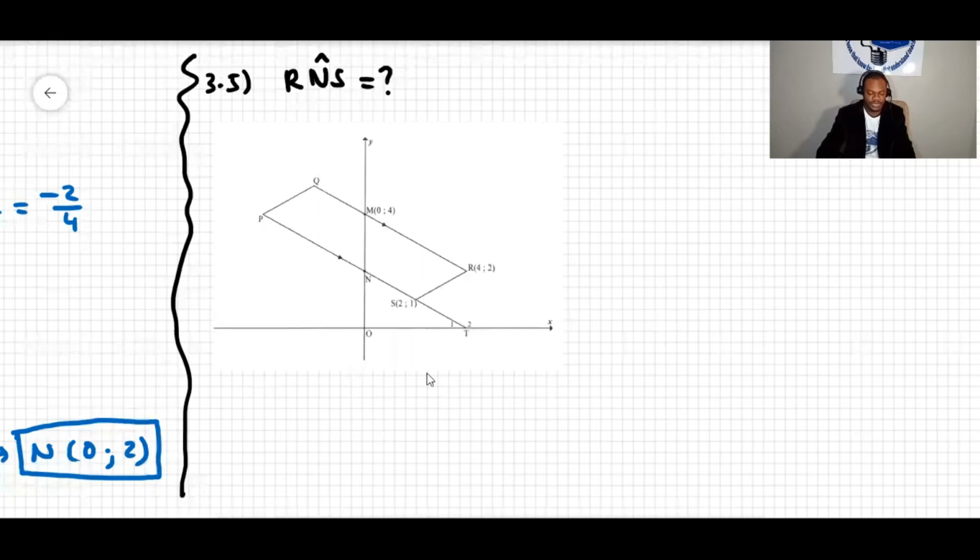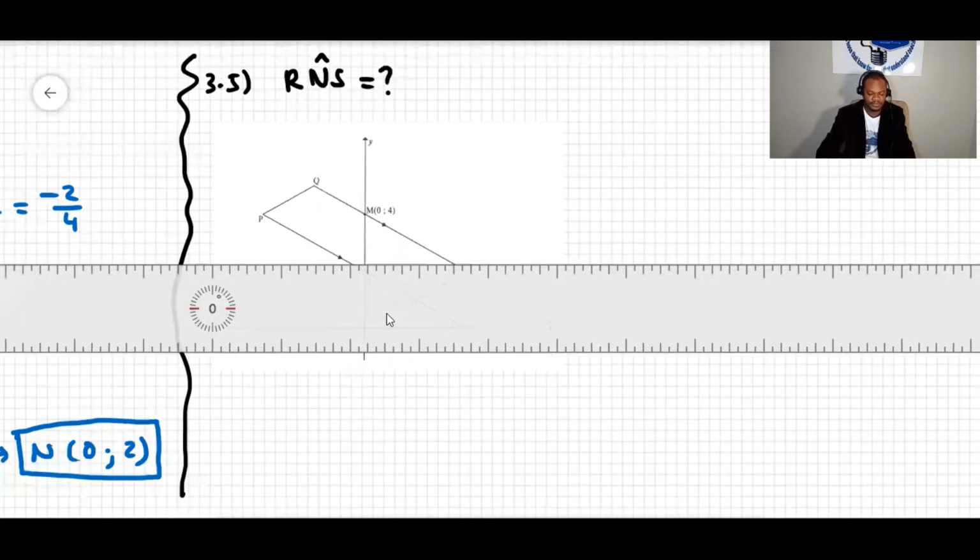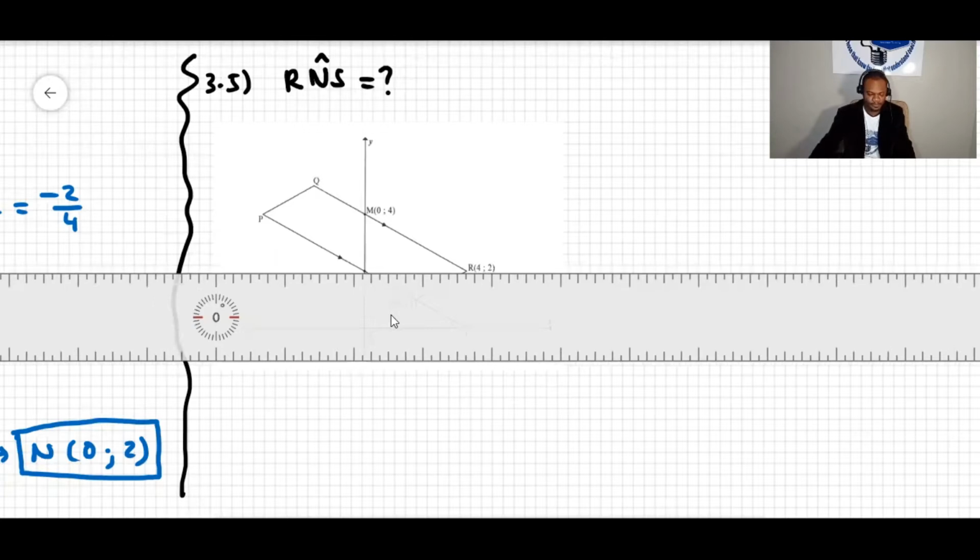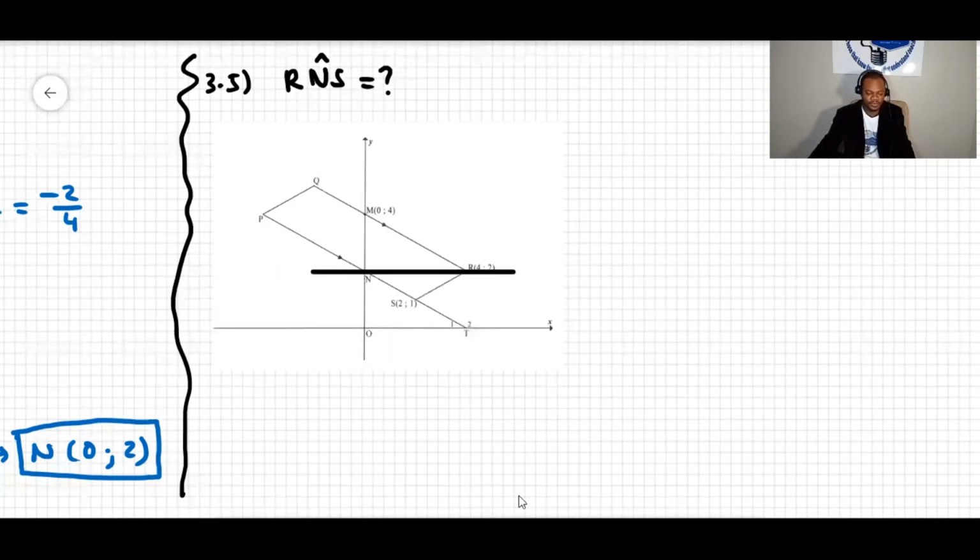I'm going to draw my line again over here. So we need to find the angle RNS, this angle. Now, how can we do that?